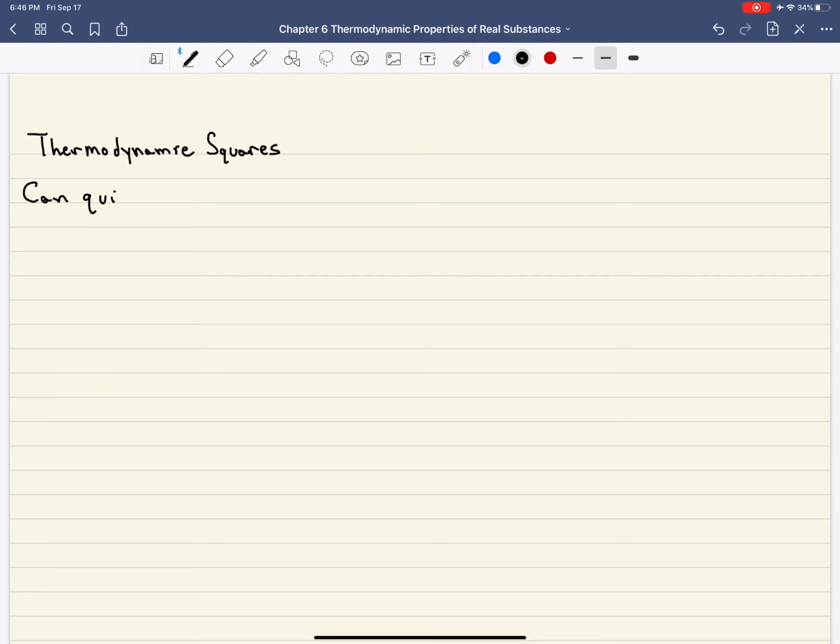What the thermodynamic square allows you to do is quickly derive fundamental relations, or fundamental equations, I guess, and those Maxwell relations really quickly.